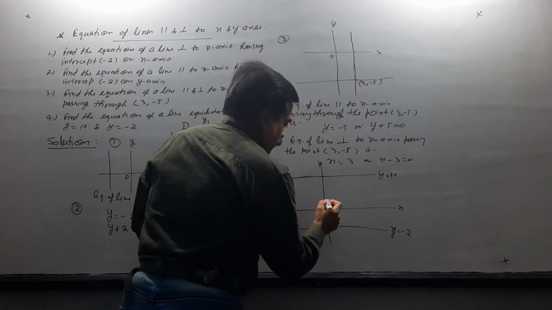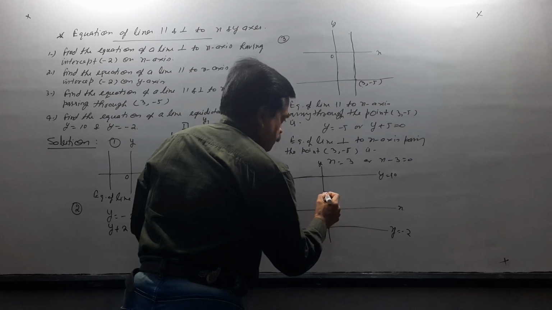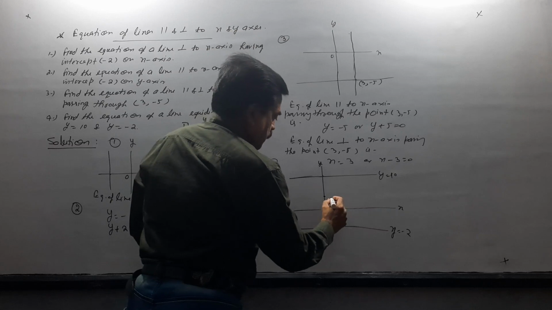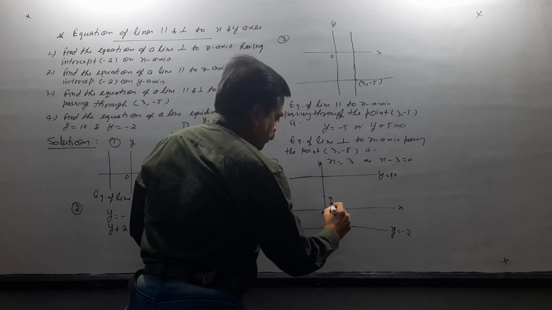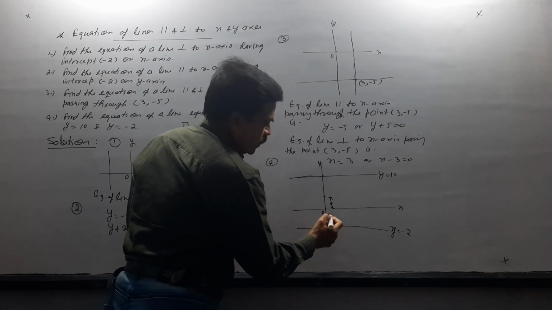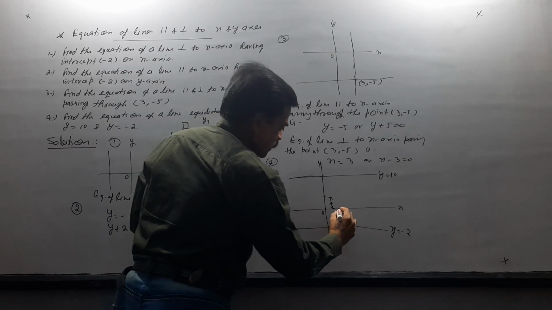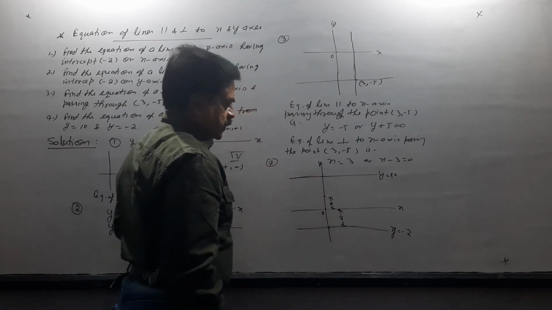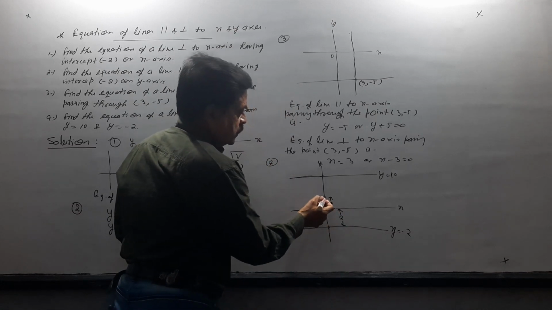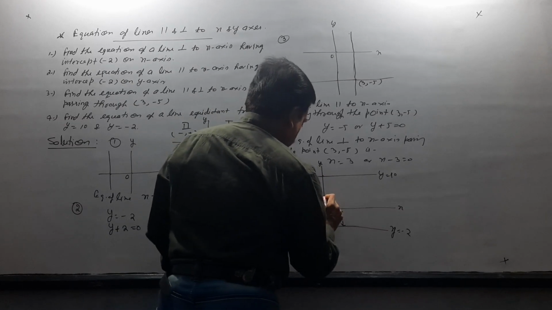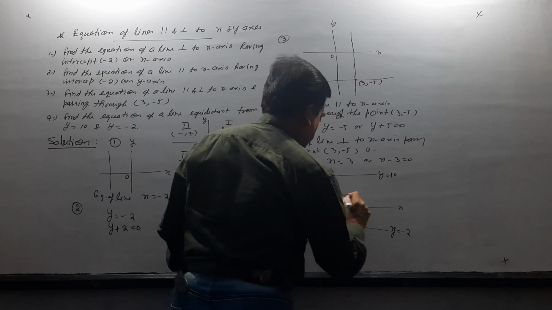From origin, 4 unit distance is this, and 2 unit distance below the origin is this point. So 2 plus 4 is 6: 6 from this point to this and 6 from this point to this, means line will pass through this point.